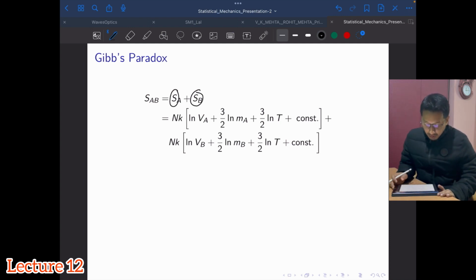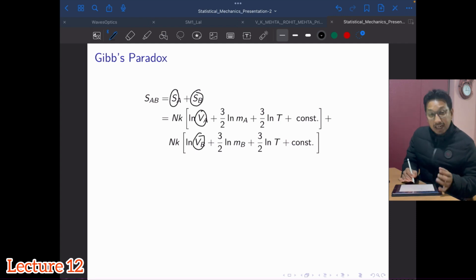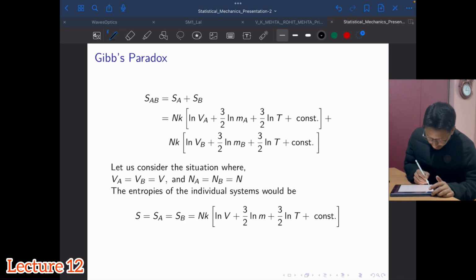Now let's simplify the problem. Let's take a few conditions: VA and VB are equal, let's say both are volume V. Similarly, we can think of the mass of the particles as the same. So here VA equals VB equals V. This is for our simplicity, just to understand the problem.